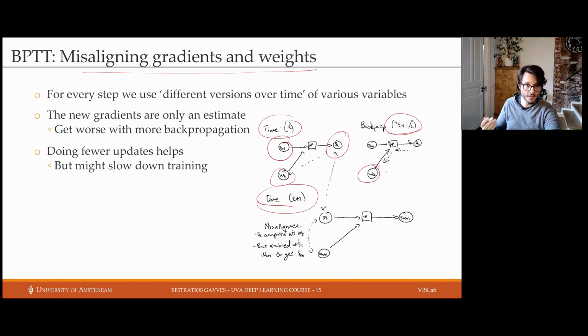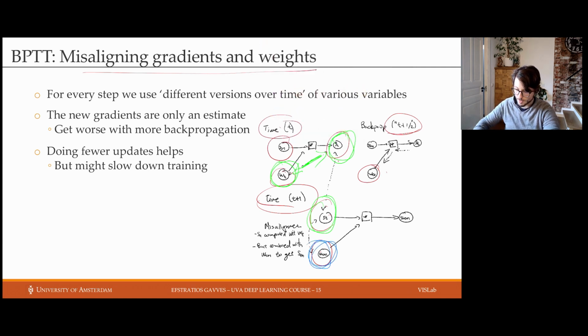Now, in our next time step t plus 1, we use the previously computed state s_t with our new weights. However, we see a discrepancy, because this state was actually computed using our previous version of the weights, not the new ones.